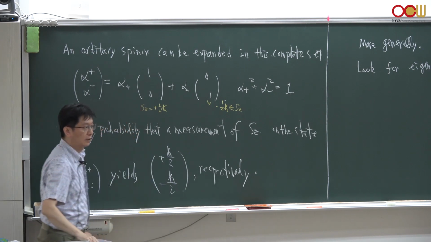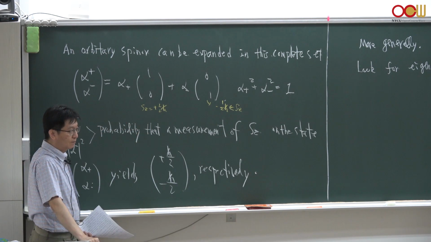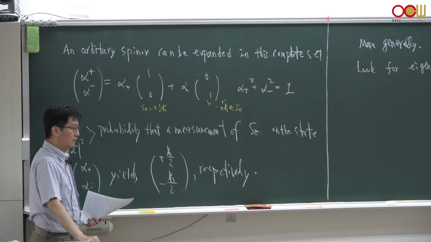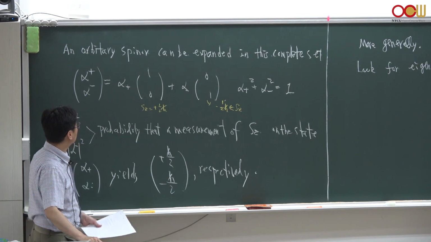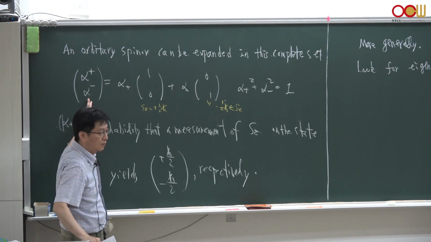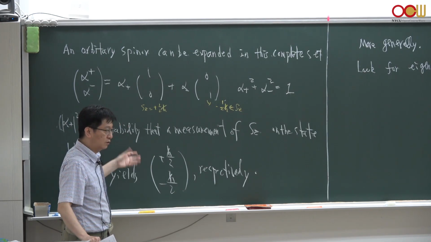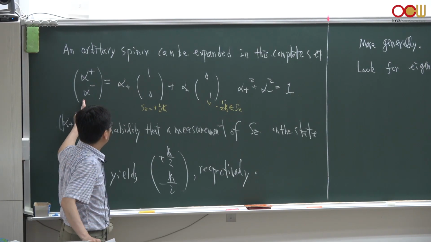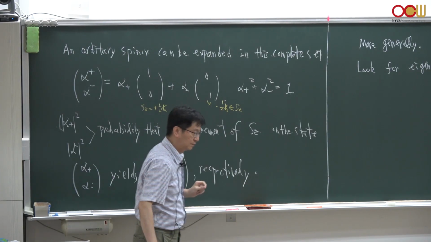But you could consider a general, arbitrary spinor. This arbitrary quantum state, as we have emphasized millions of times, could be written in terms of a linear superposition or linear combination of orthogonal normalized eigenstates. An arbitrary state is a linear combination of the two eigenstates.